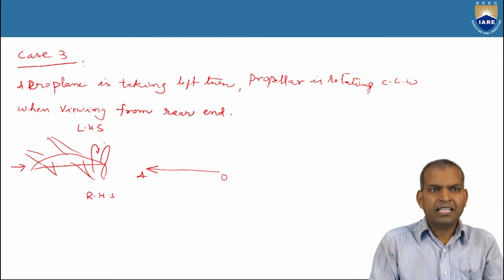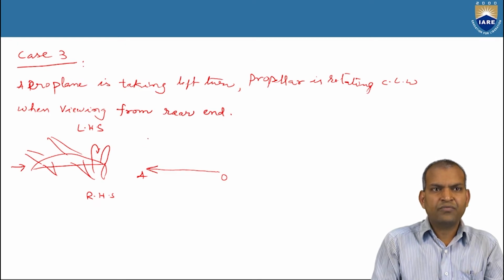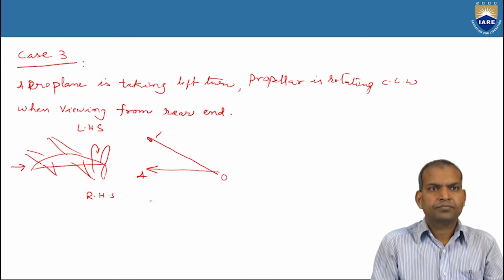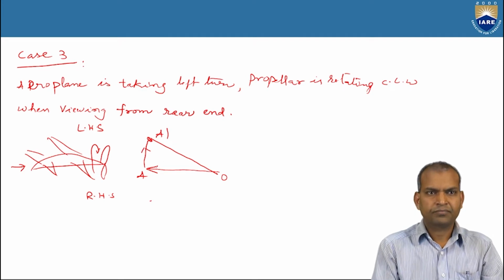It is taking a left turn. Now viewing from this left turn, A dash, A to A dash, is the direction of the vector.